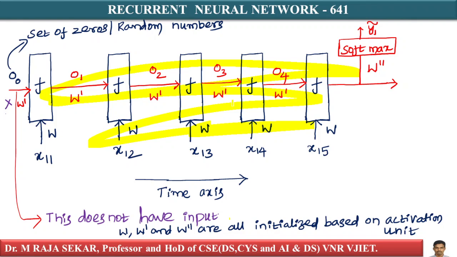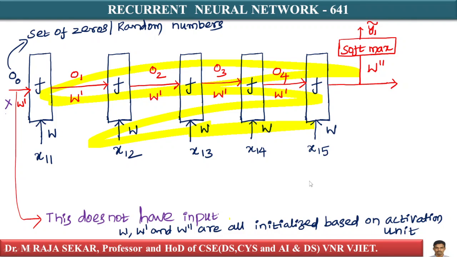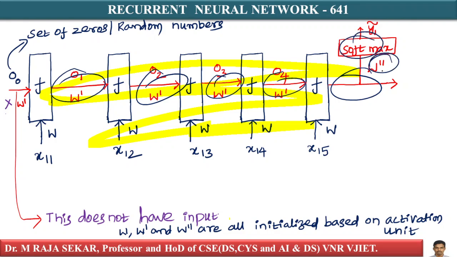We are just opening the loop. Just see this loop structure. Here you are opening the loop, and here you are opening the loop. At the end of the day, you are connecting to softmax through some weights and generating y_i cap, isn't it? These are not multiple layers.